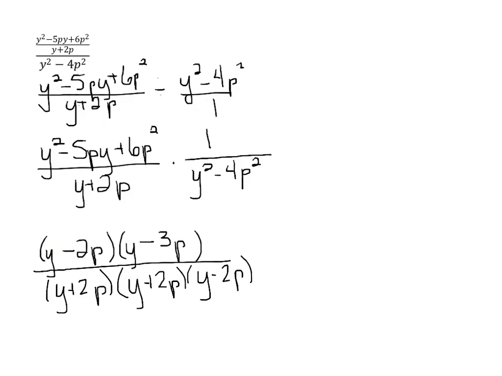And then, of course, difference of squares happening here. This cancels, and that's all we can do here. So then the final answer, we can write it like that if we'd like.